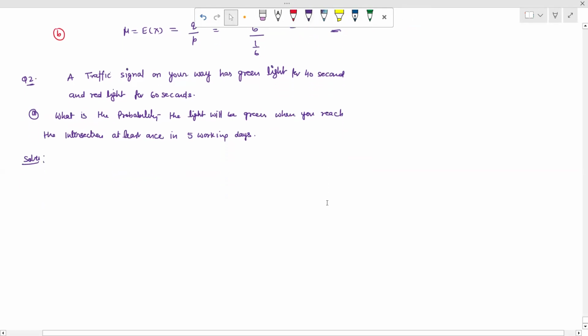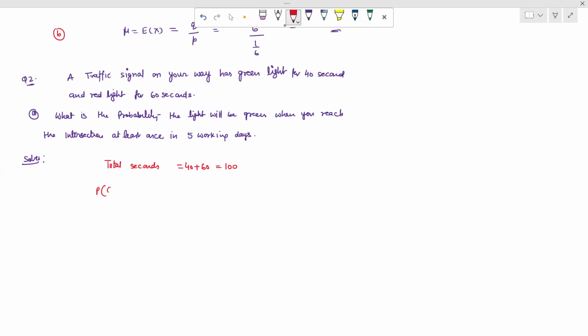So now when we calculate the total seconds, the total is 40 plus 60, that is 40-second green light, 60-second red light, total 100 seconds. Now we calculate the probability of green light. The green light is our success.